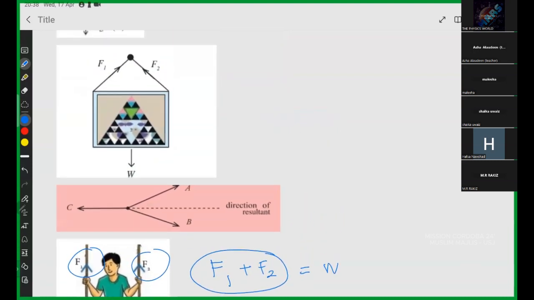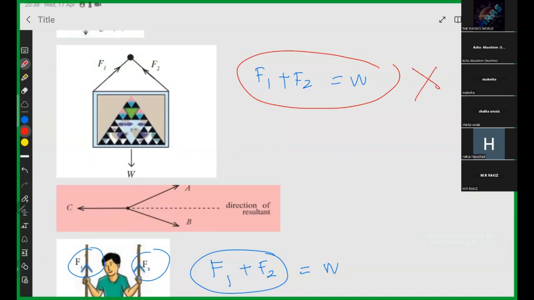But in this, can you say F1 plus F2 equals W? Can you say something like this? No, you can't say so. Here you have to get the resultant of this. Let's say this is F1, this is F2, you have to get the resultant of F1 and F2, which would be facing in this direction.